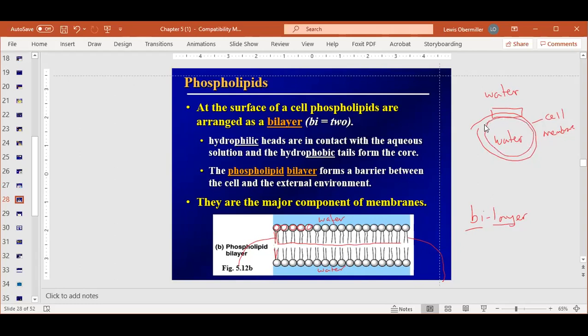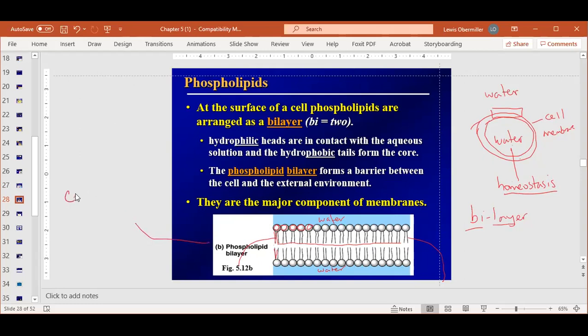So because of this dual layer, we can have a cell membrane that prevents anything from the outside coming on the inside. So we can maintain homeostasis. And all living things, no matter what it is, bacteria, a frog, a plant, they all have cell membranes that are composed exactly out of this.